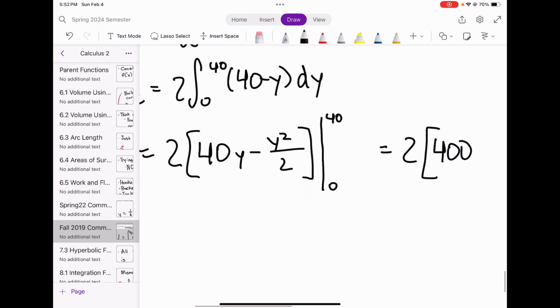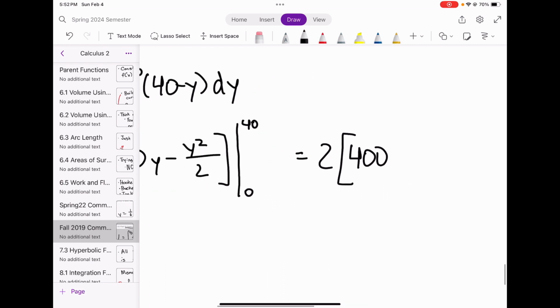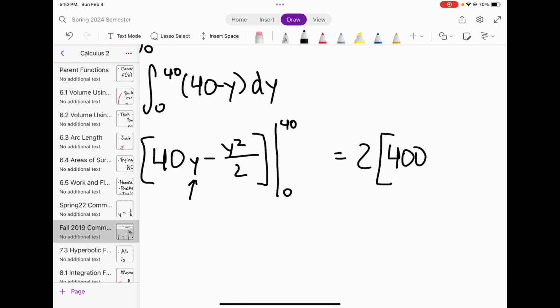If you plug in 0, it's going to be 0, so you don't need to worry about that. You just need to worry about 40. So we plug in 40 for y.